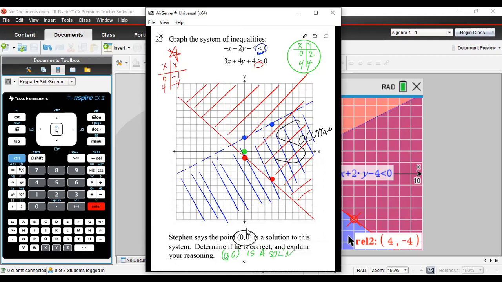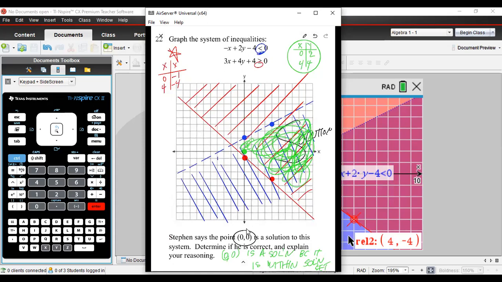And your explanation would be because it is within the solution set. This area right in here, all of this is the solution set. And so this point is in there.